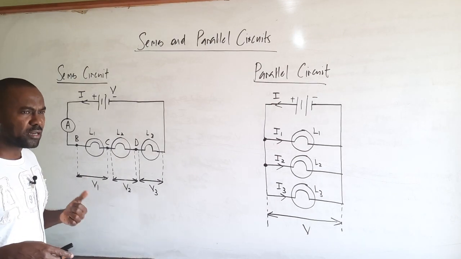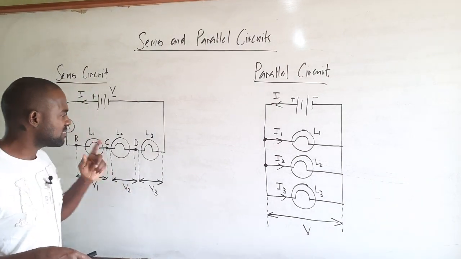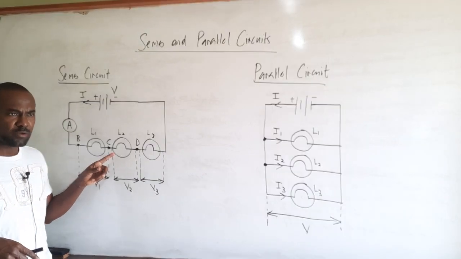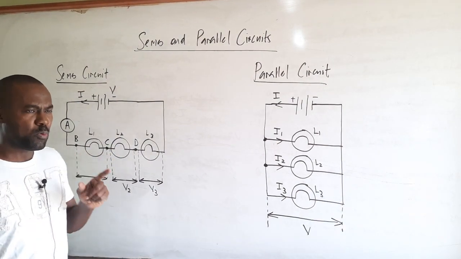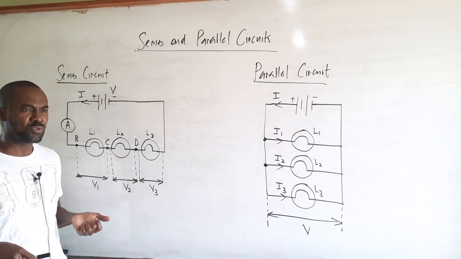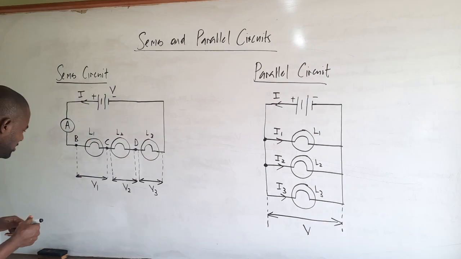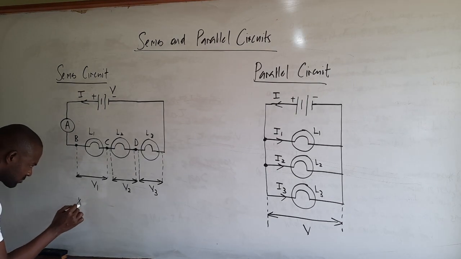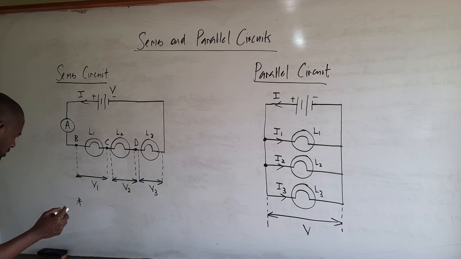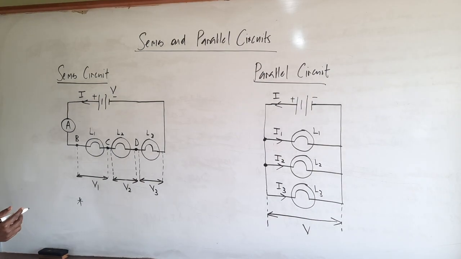And what this basically tells us is that in a series circuit, the same current flows through all points in the circuit, right? So in other words, when components are connected in series, the same current flows through each of those components. So we can make a statement here by saying that the same current flows through all points in a series circuit.